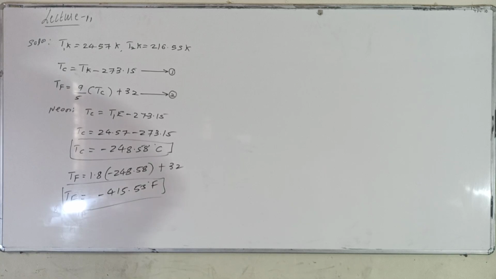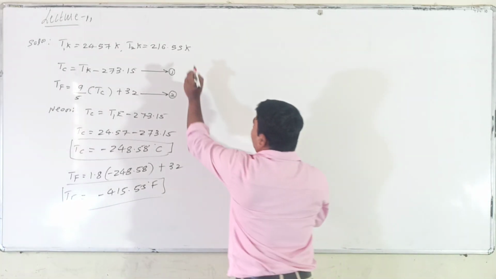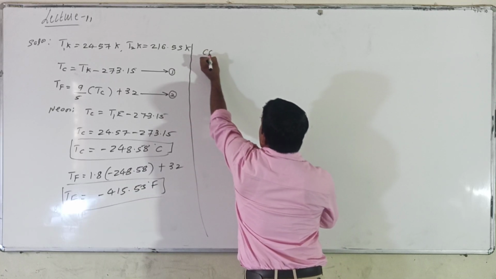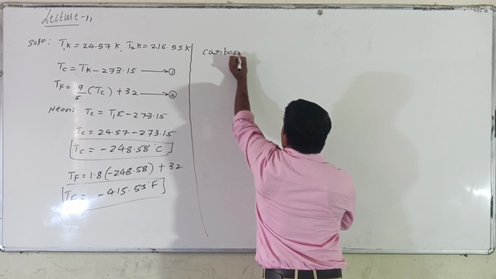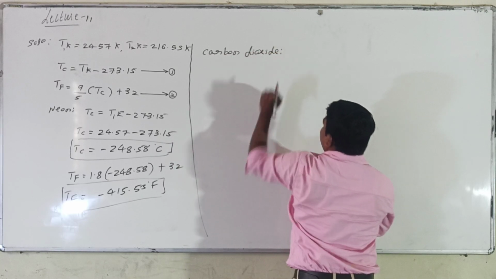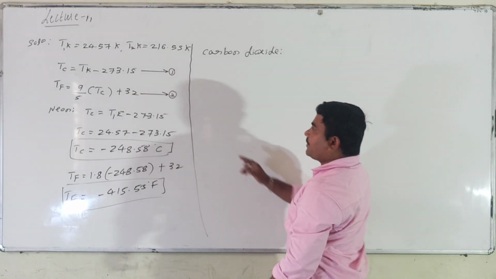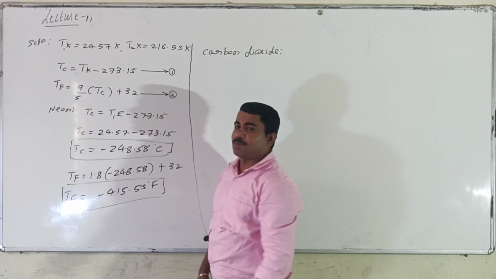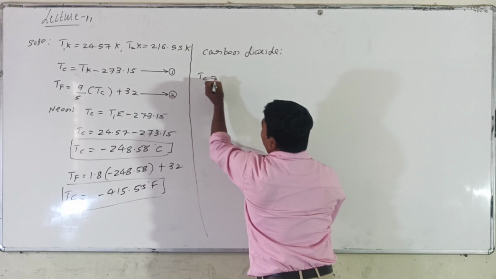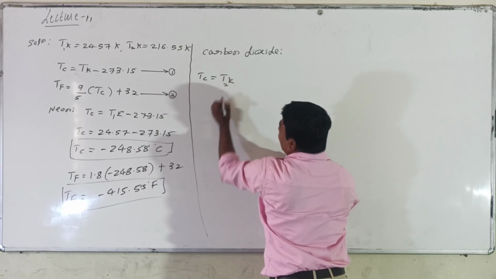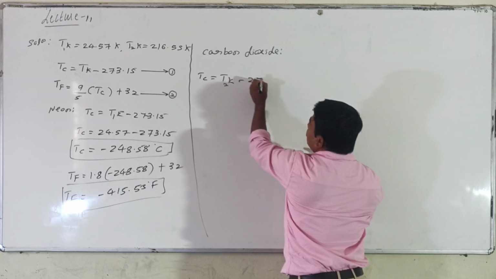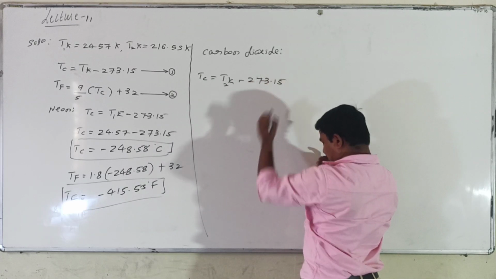Then we need to solve one more, for carbon dioxide. Shall I go for carbon dioxide? Look at me. For carbon dioxide, what is the Kelvin temperature? 216.55. Then in degree Celsius, how to write? Tc is equal to T2K, because I represent T2K for carbon dioxide, minus 273.15.